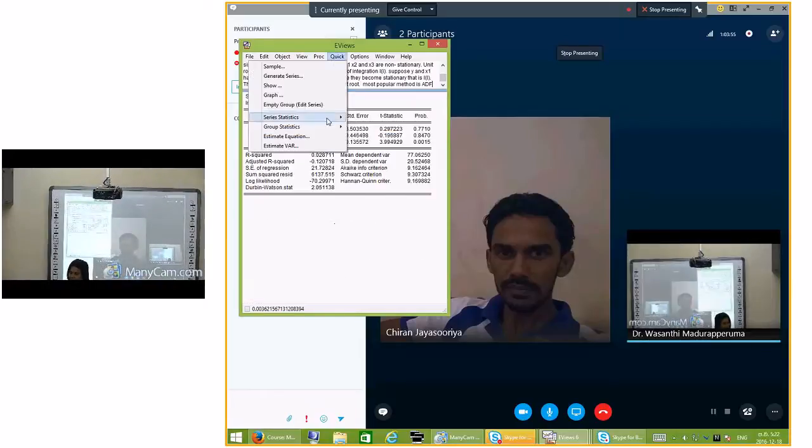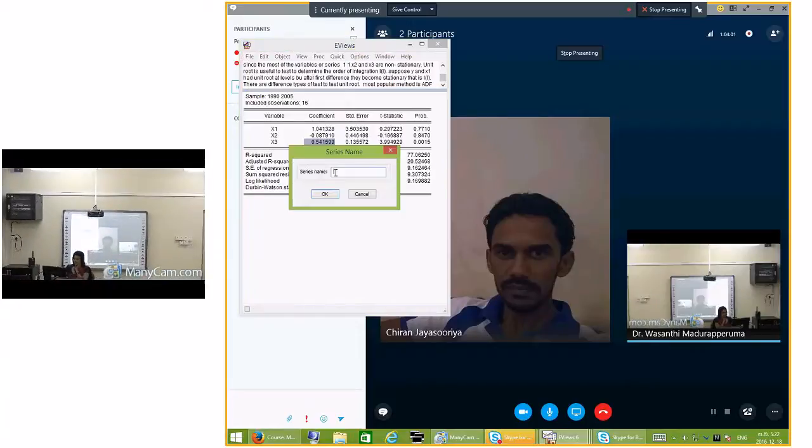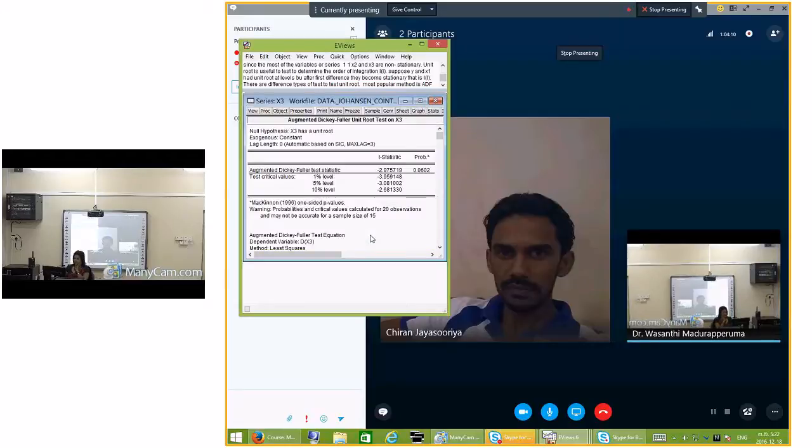Now go to our last variable, x3. First check the levels. It is non-stationary because it has a unit root, because the probability value is greater than 5%. Then it has a unit root.